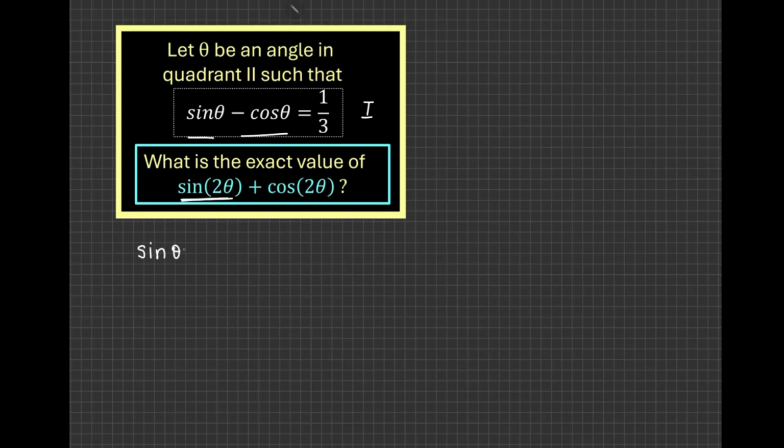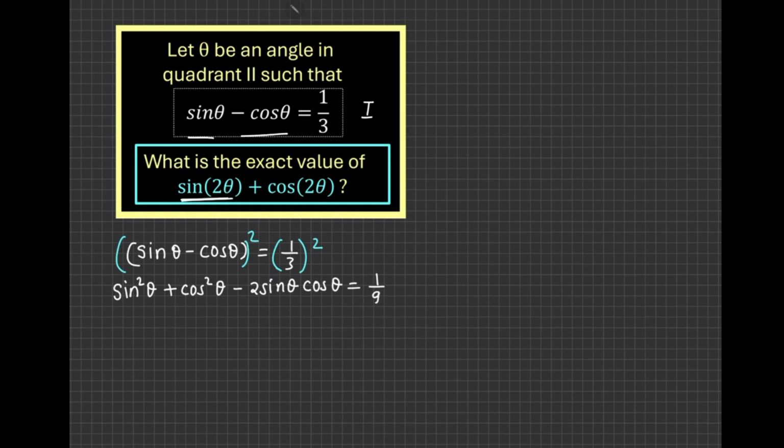Sine theta minus cosine theta equals 1/3. Let's go ahead and square both sides of this equation. What do we get? We get sine squared theta plus cosine squared theta minus 2 sine theta cosine theta equal to 1/9. Now, sine squared theta plus cosine squared theta is equal to 1.